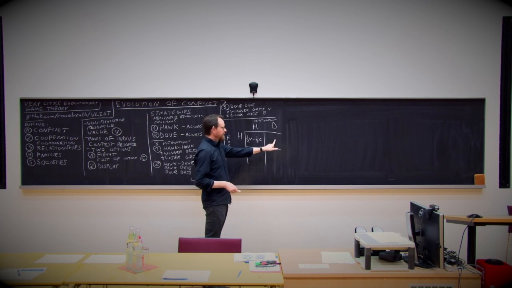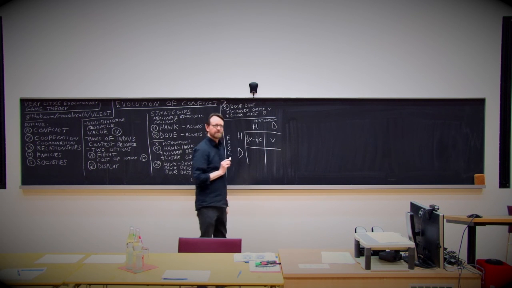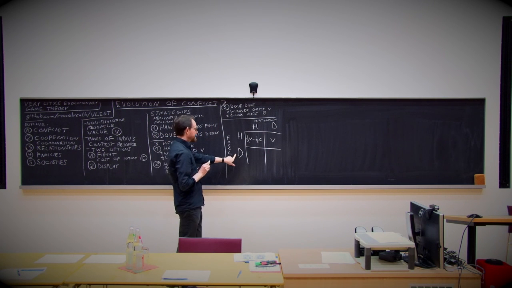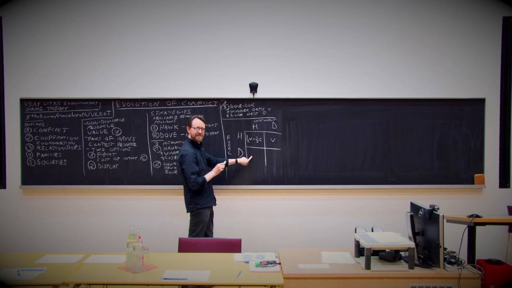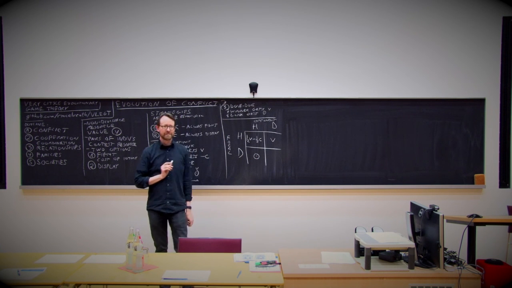What about hawk and dove? Well, the hawk always wins, right? And so the hawk gets V. Now the dove. You're a dove now. Good for you. And dove meets a hawk. What happens? You bravely run away.